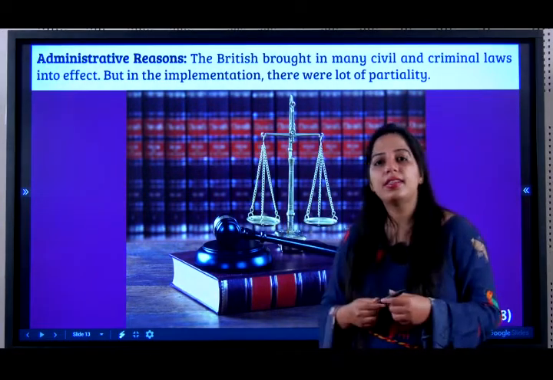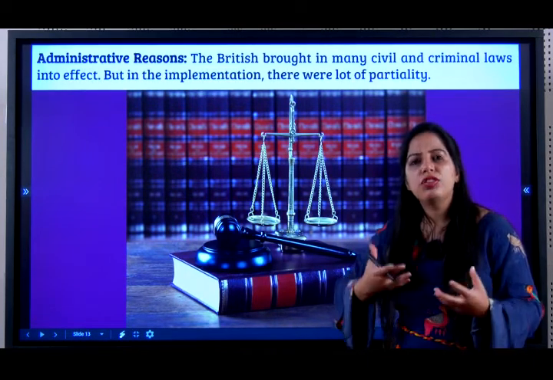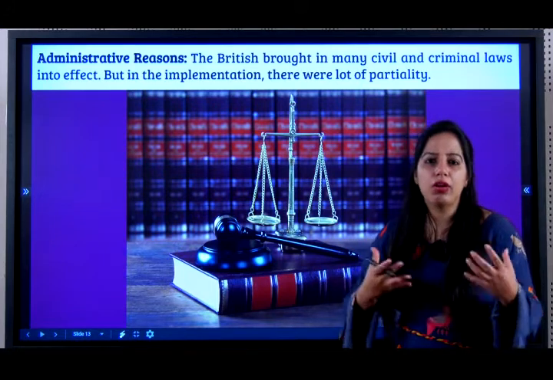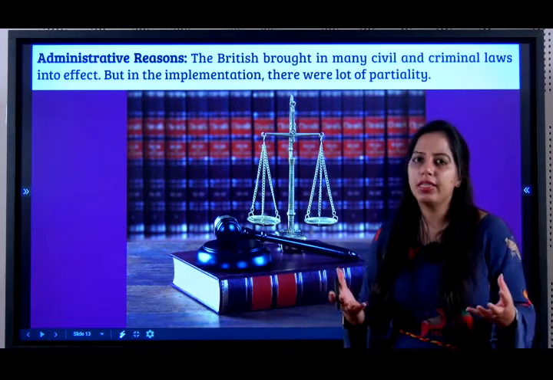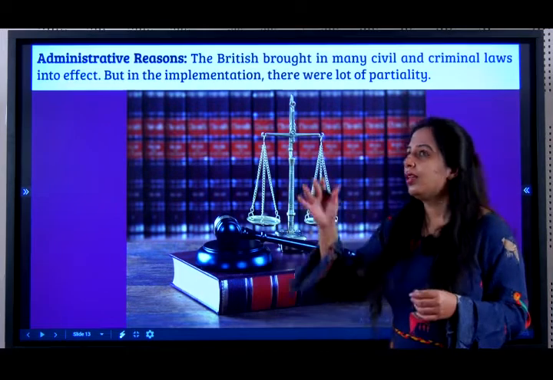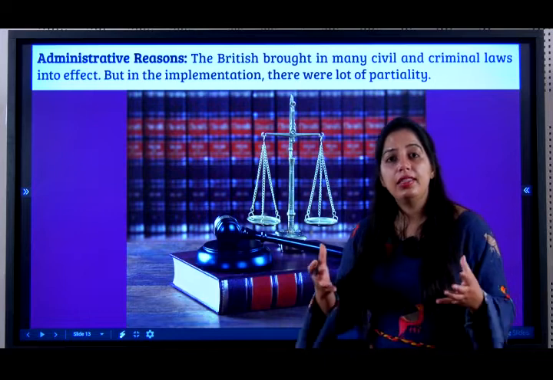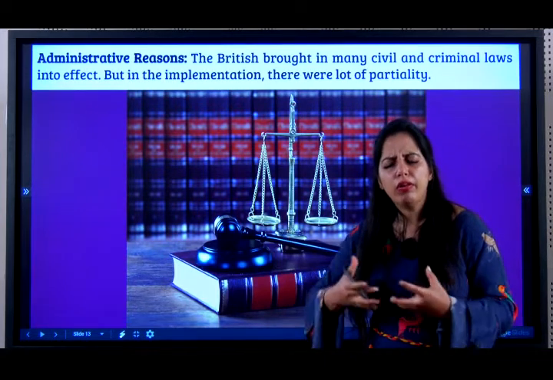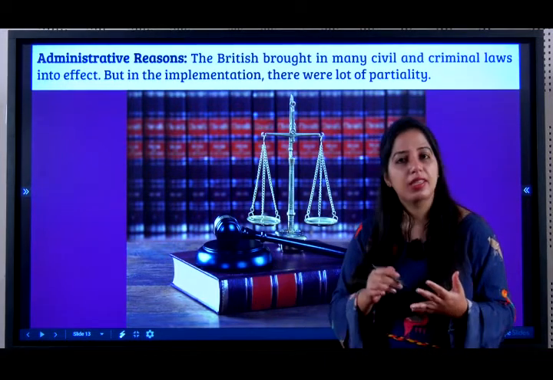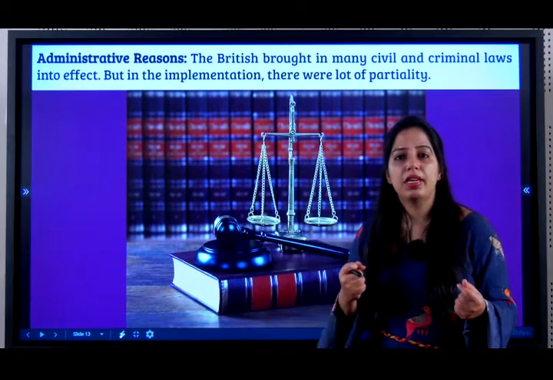Now let us discuss the administrative reasons. Any change in the administration that the British brought that caused a lot of protest amongst the Indians or unhappiness, we should take note of those points. So, in the chapter on the impact of British rule in India, we learned that the British brought in a lot of laws, civil laws, criminal laws, uniform civil code, uniform administration throughout the country.